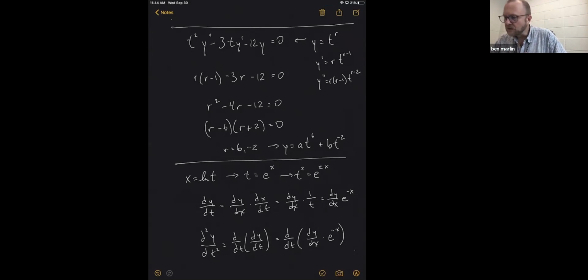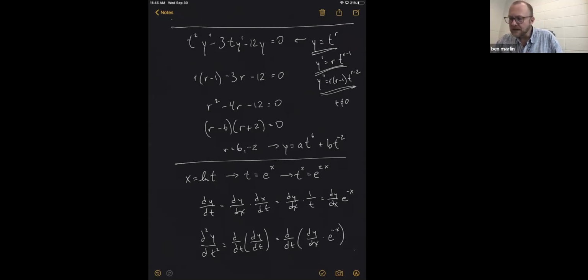And then if you multiply this one by t squared, then you'll have a t to the r, and this one by t, you'll have a t to the r. And so we can cancel out a factor of t to the r through the whole thing because they'll all have a factor of t to the r. But you have to keep in mind that t cannot be 0, okay?